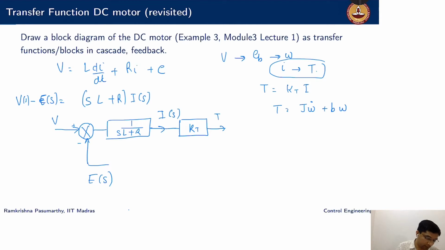If the final output is omega, what relates T and omega?